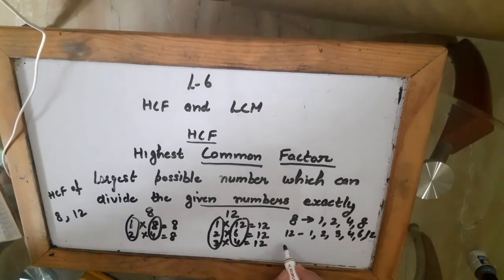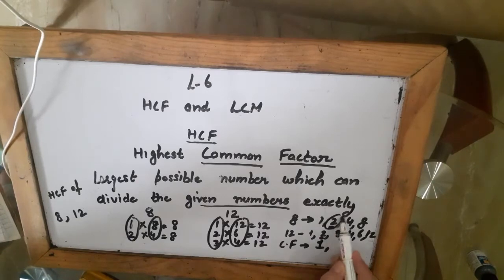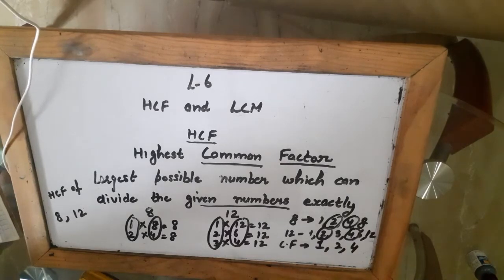Now let's take out the common factors. 1 is always a common factor of two given numbers. Now 2 also is common, and also 4 is common. No other number is a common factor of these two numbers.